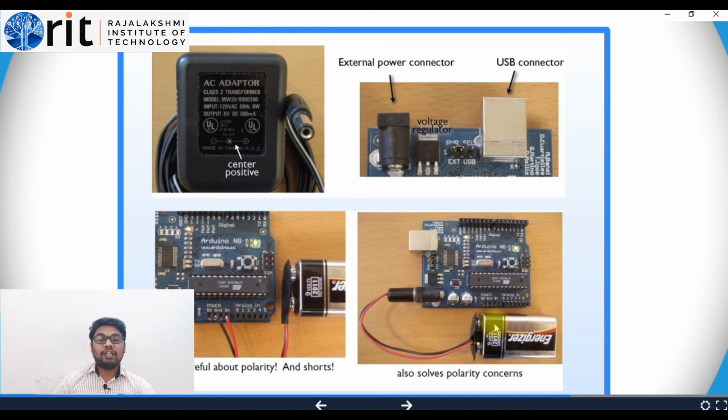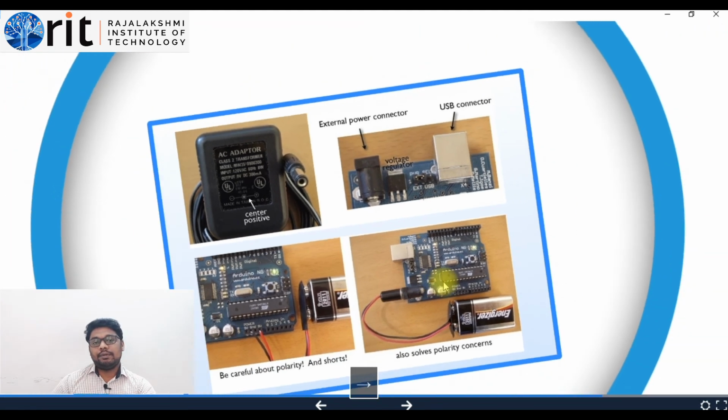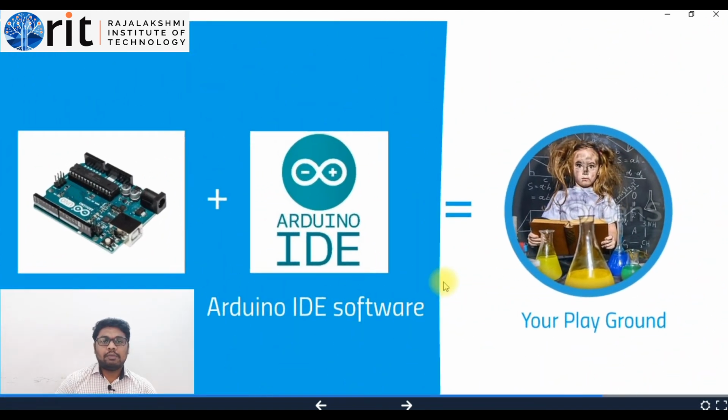This method is displayed in the fourth diagram. The 9 volt battery's 2.1 jack is inserted into the Arduino power jack, and your Arduino will be powered up. So these are the multiple methods to power up your Arduino board.